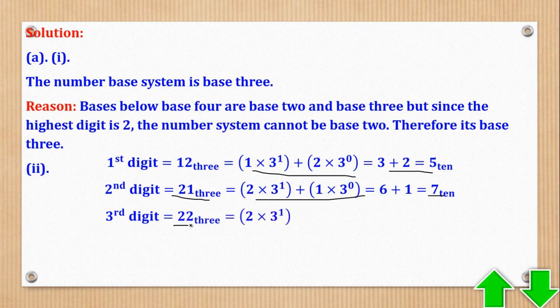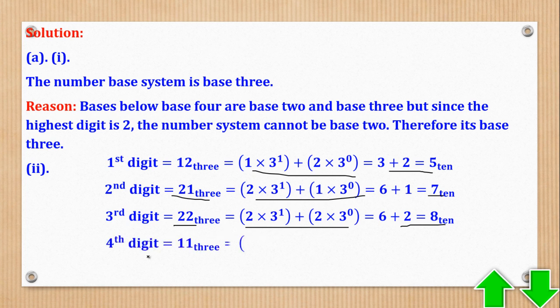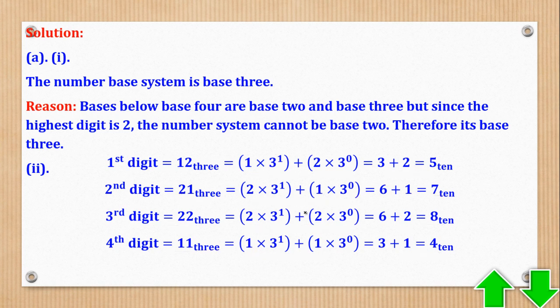Third digit was 22 base 3. Convert to base 10 to give you 8 base 10. And the fourth digit was 11 base 3. Convert to base 10 to give you 4 base 10. So now the pin can be rewritten as that. Note that there are no commas, so don't put commas. And that's what they wanted in task A.